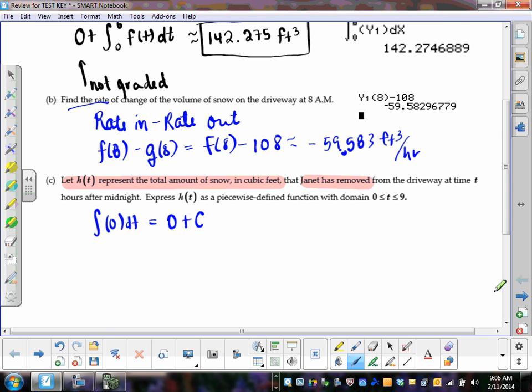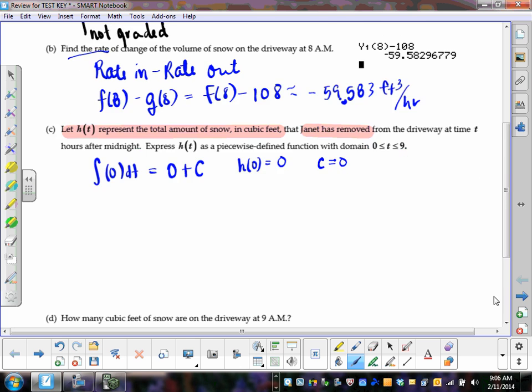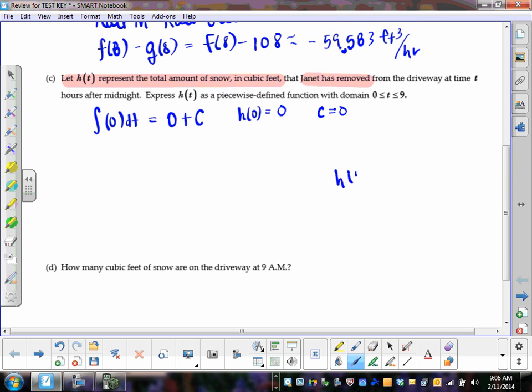And since the initial value, the amount that's been removed at time 0, is 0, we can use that to get that c has to be 0. So initially, h of t, the amount that's been removed for the entire interval from 0 to 6, is still no snow.